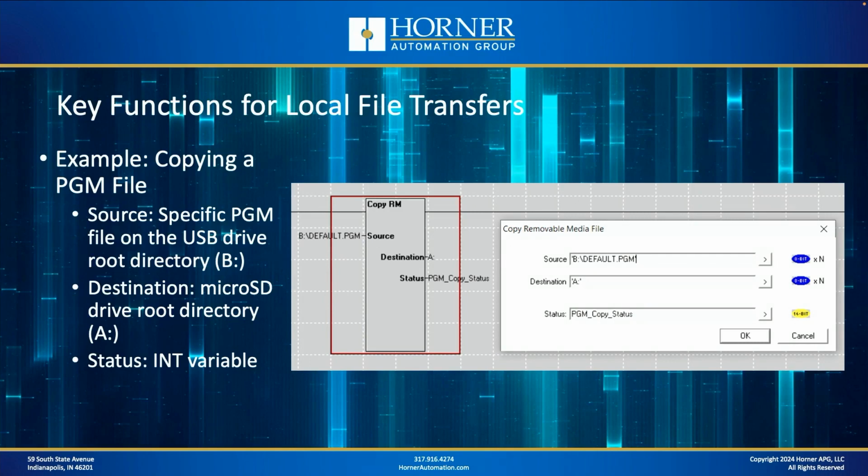Now we're going to copy that to A:, between single quotes, and that represents the microSD drive. Now, if you leave off the drive letter, then it's going to default to microSD. So just be aware of that. And then of course, from a status standpoint, I assigned a status variable called program copy status, which is just a 16-bit integer, and we'll go into detail on that here in a minute. So this is the example where you type everything in between single quotes verbosely without variables.